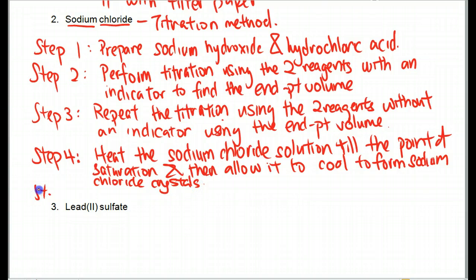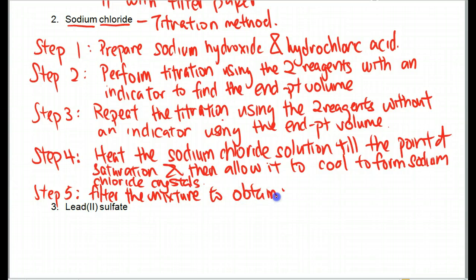And of course, step 5, now when you have your crystals in a solution, what must you do? You must separate them. How do you separate a solid from a liquid? You will filter the mixture to obtain the sodium chloride crystals.